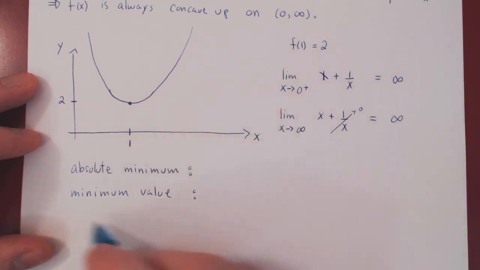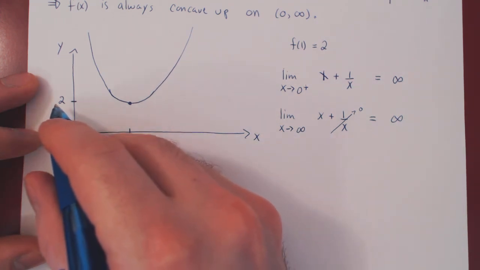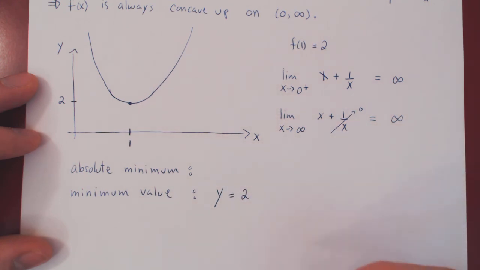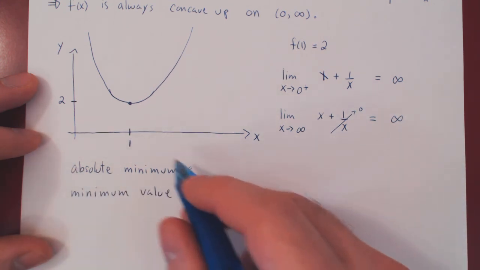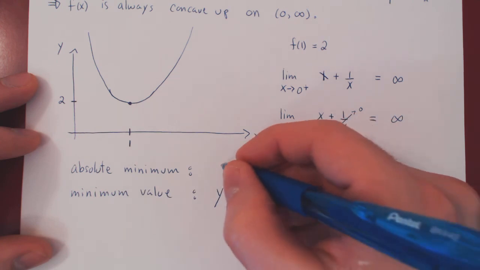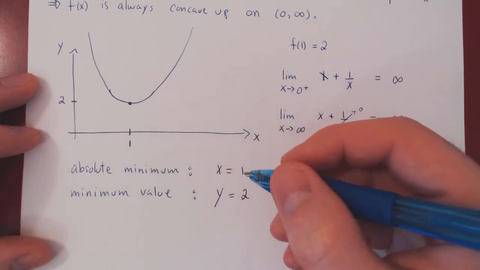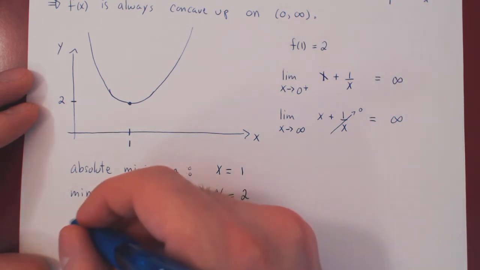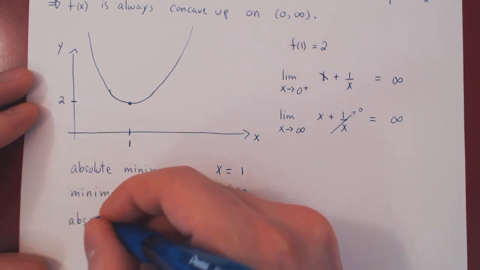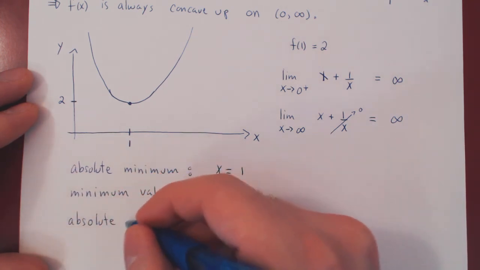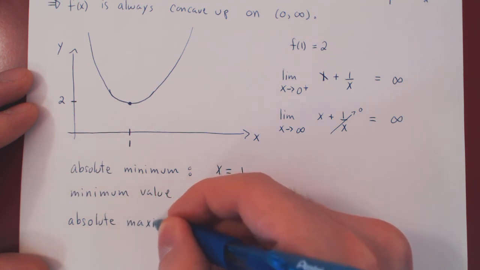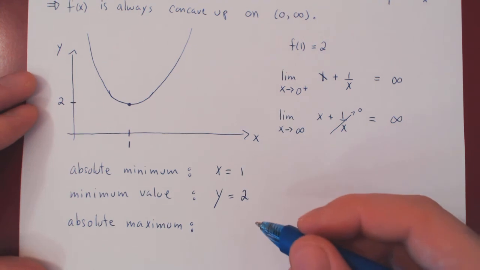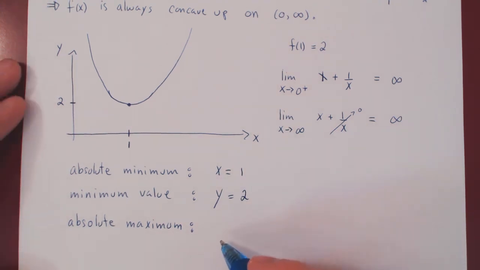As we've just said, the minimum value attained is y equals 2. And it occurs at the absolute minimum, x equals 1. Well, alright, that's the absolute minimum. What about the absolute maximum? And the answer is pretty simple. There is no absolute maximum.